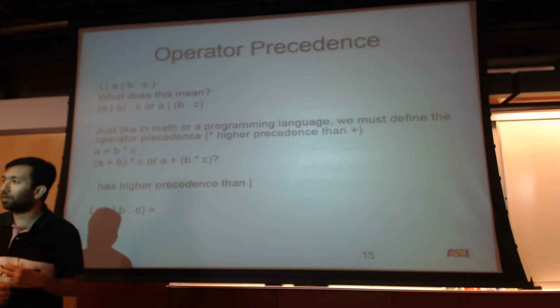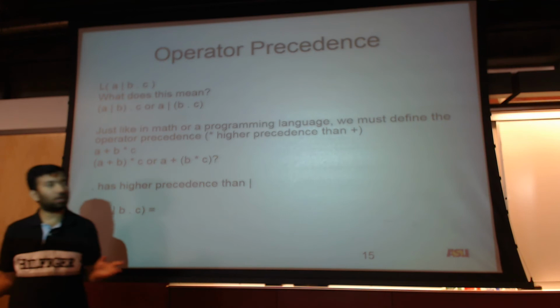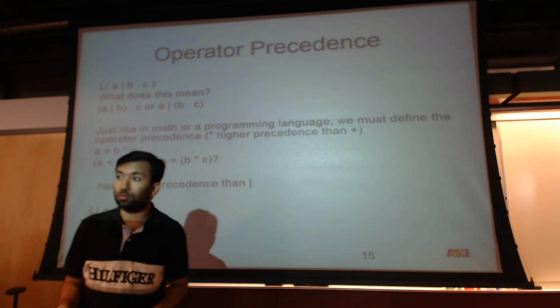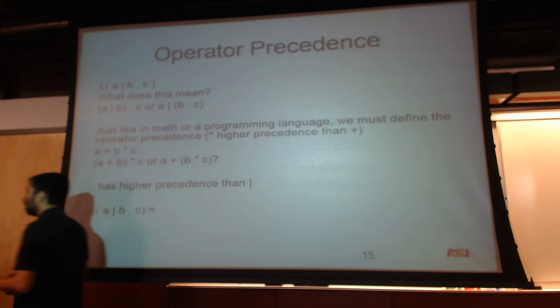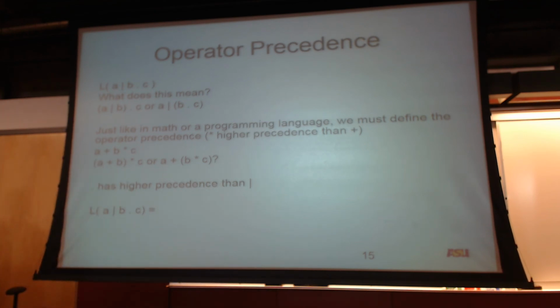So here we will have two regular expressions, R1 is A and B dot C is R2. We will first have to compute B dot C. And B dot C is just simple BC. So A union BC. So this set becomes A comma BC. Right? Any doubts about this one?